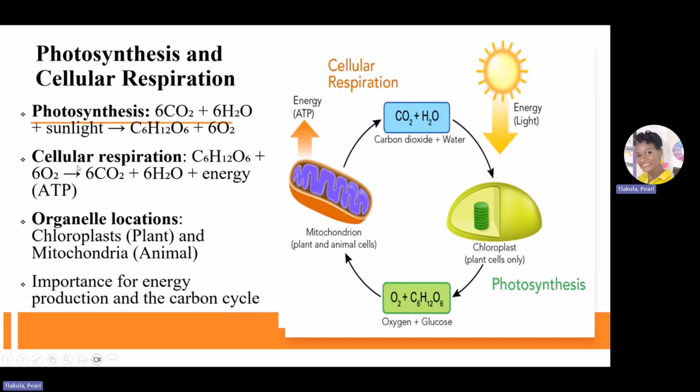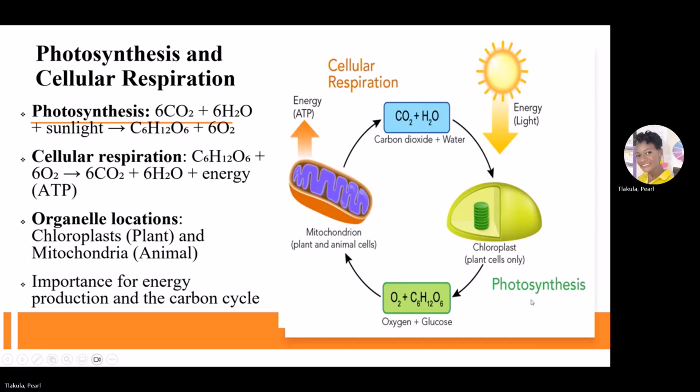So cellular respiration is made up of the sugars and the 6 oxygen, which release into the 6 carbon dioxide, and the 6 waters, and the energy. So in that, you must understand that this works together. They don't work separately, considering the energy level that we spoke about before.